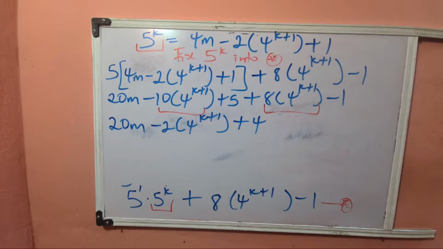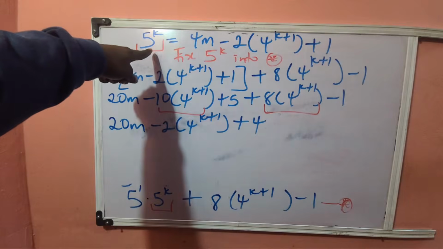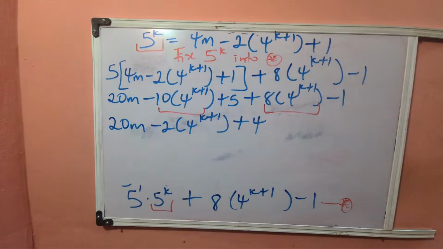So we made use of our inductive hypothesis. That was when n was equals to k. We used it to assist us to make the proof. That was why it was from it we brought out 5 raised to power k. So now we're here, and what do we have to do now? Don't forget, we are heading towards a position where we are trying to prove that this particular n equals to k plus 1 is going to give us an answer of 4 times something.